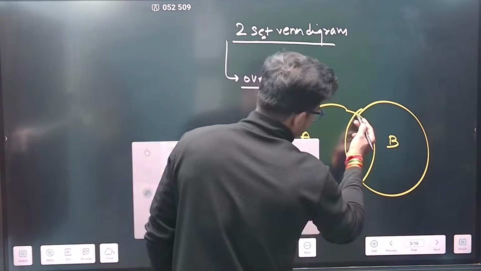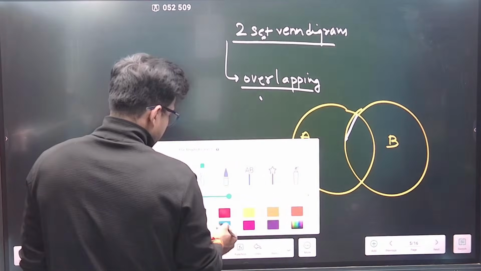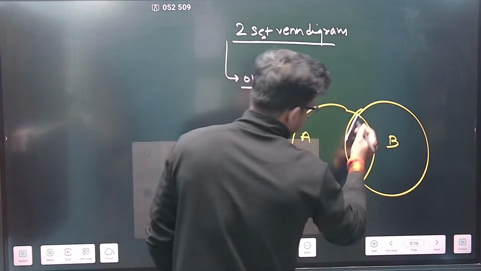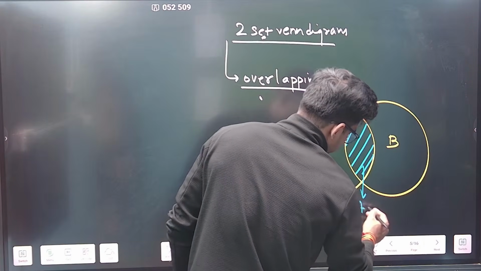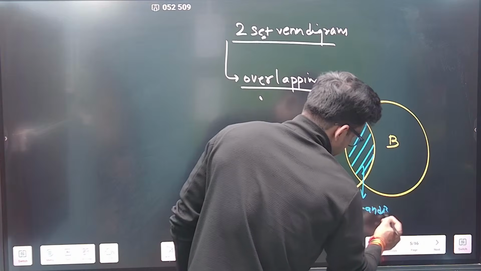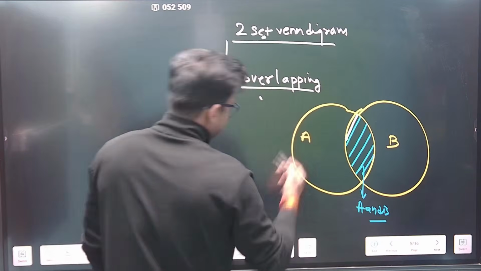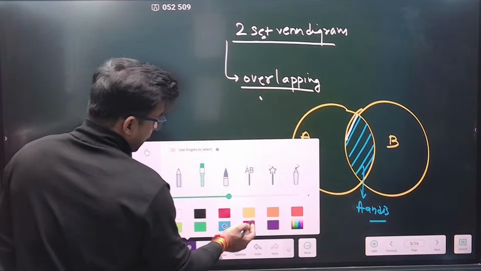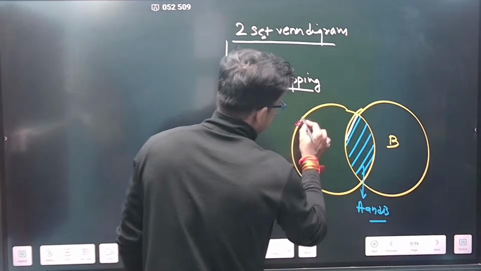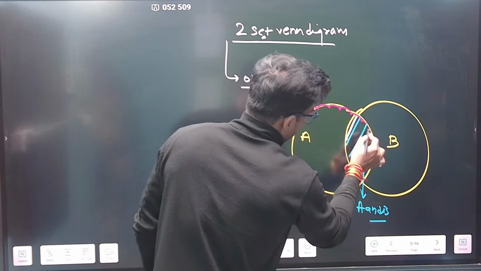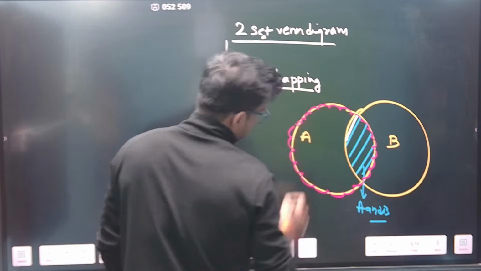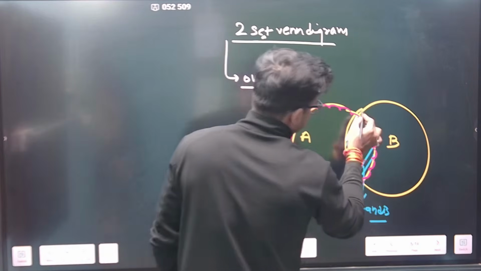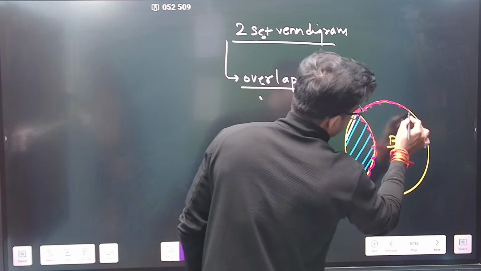This part, the blue color part, would be both A and B. When you count this whole A, you will count the overlap two times, isn't it? When you count this whole B, you will count it two times also.